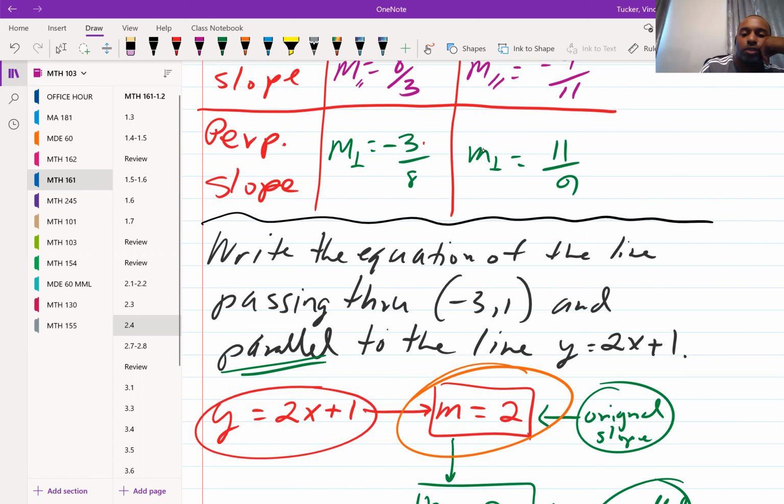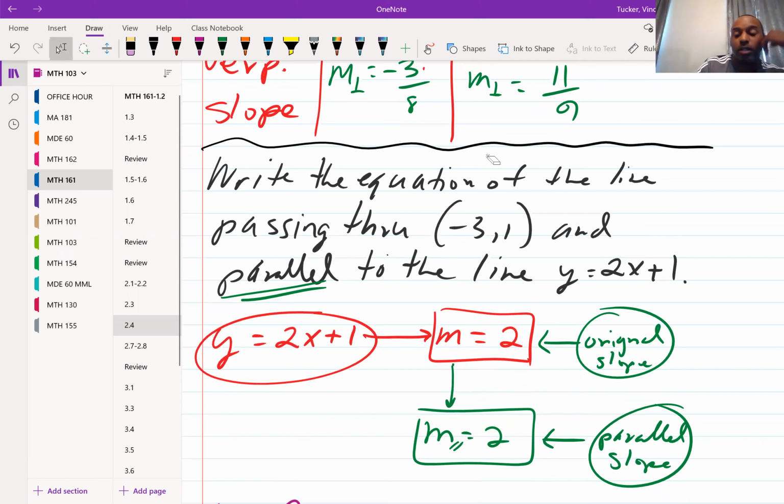So that's the original slope that we're looking at. And a line that's parallel to that is going to also be the same thing. So that's going to be 2. And this is the slope that we're going to use. We want a line that's parallel to that line, so we use the same slope. So before we go any further, is everybody okay with what we've done?